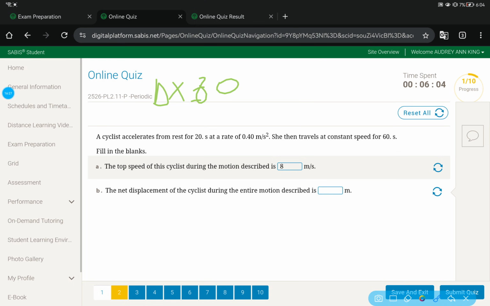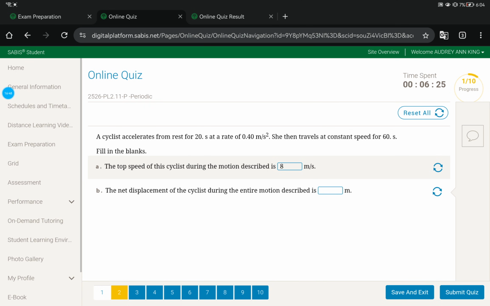Now we can use the formula for URM. So displacement equals v times t. It's basically the same thing, but you just take this to the other side.